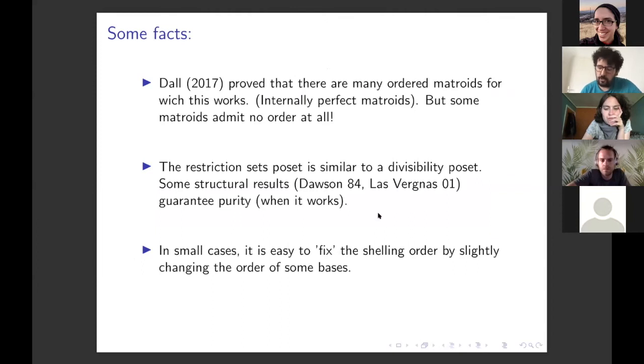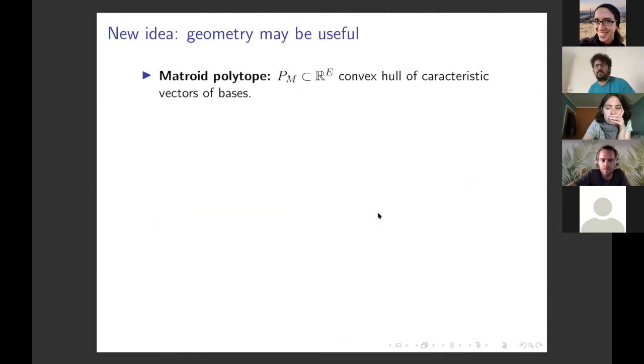And I'm going to do it by infusing some polytopes and some discrete geometry. In fact, one of the nice things about it is that it opens a lot of questions that I find really interesting. So let me just briefly tell you what this is. Given any matroid, we can construct a matroid polytope. This is standard. You look at the characteristic vectors of the bases.